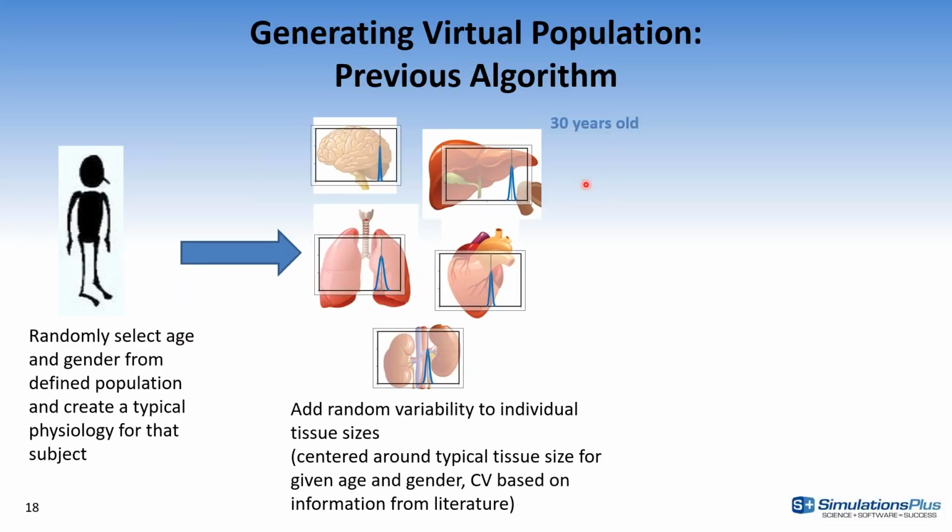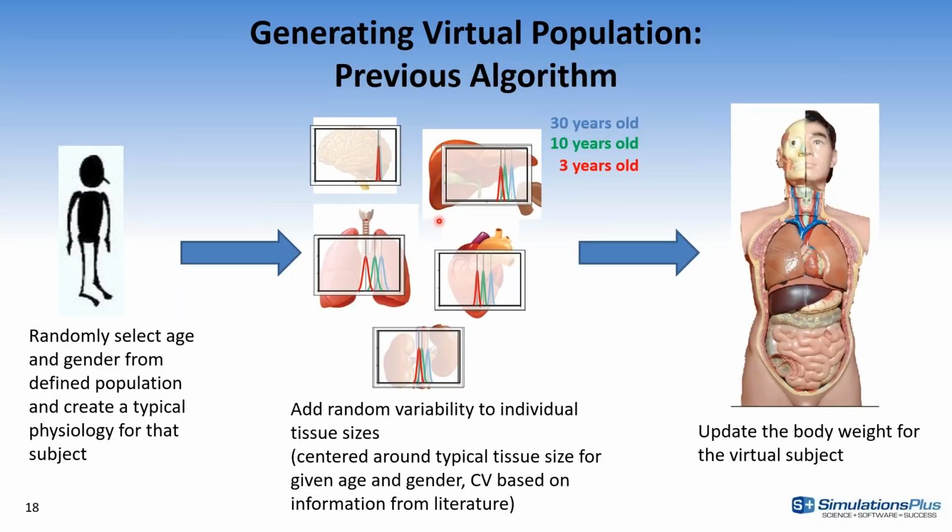So, for example, for a 30 years old, those parameter values would be selected from different distributions than they would be picked for a 10 years old or for a 3 years old subject. So it was always selected from a distribution that was centered around the typical value for that subject. And finally, once we had all the tissue sizes, we put them together into the physiology to get the total body weight for each virtual subject.